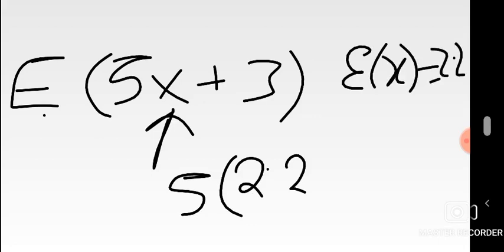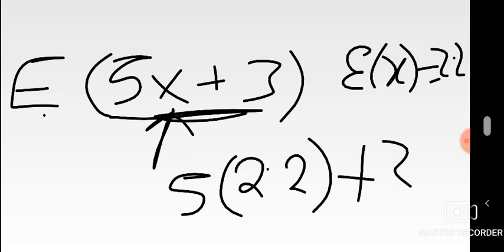Wherever you see x in a scenario like this, just put it in, because you've already found that value. So it will be 5 times 2.2, plus 3. The answer is 14. Done. Just use those rules and apply them.